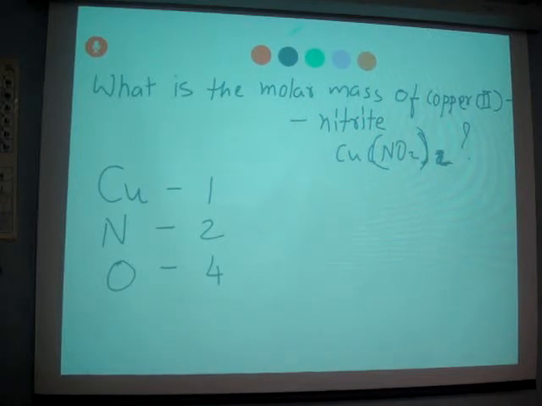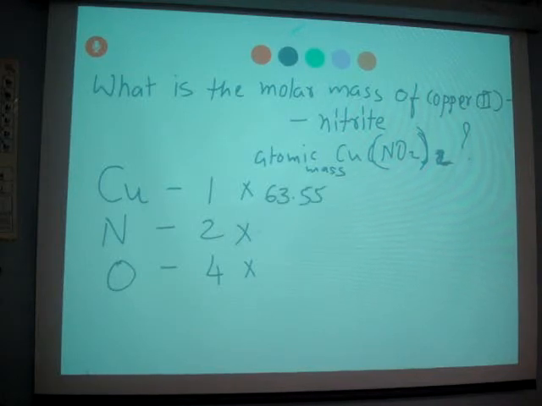Now looking at the periodic table, what's their atomic mass? The atomic mass of copper is 63.55. For nitrogen, 14.01. And for oxygen, 16.